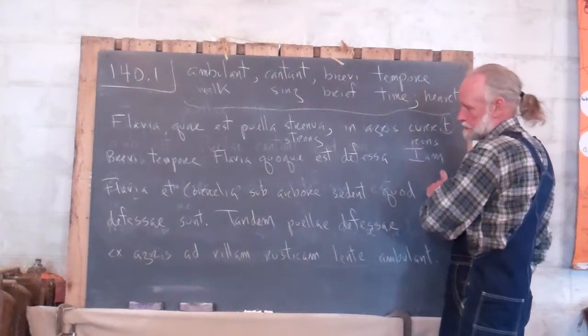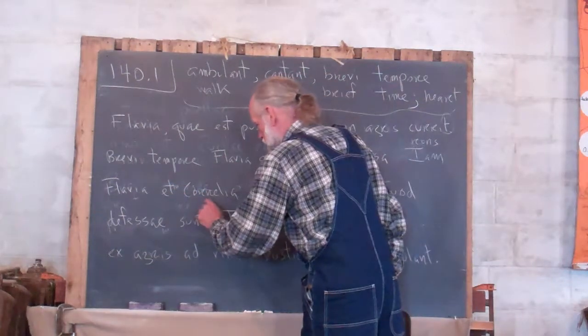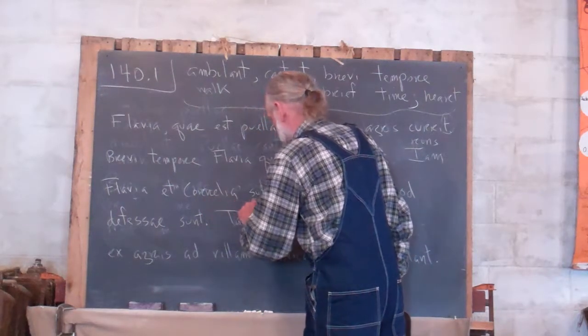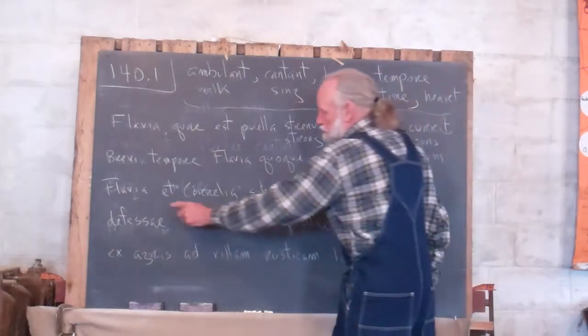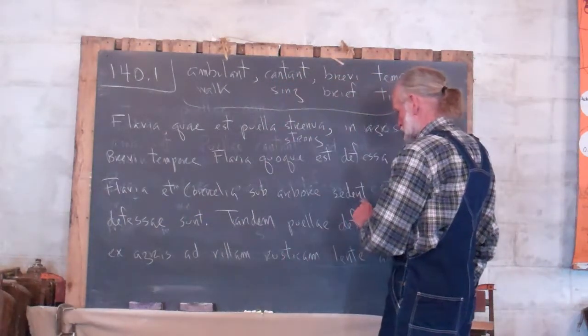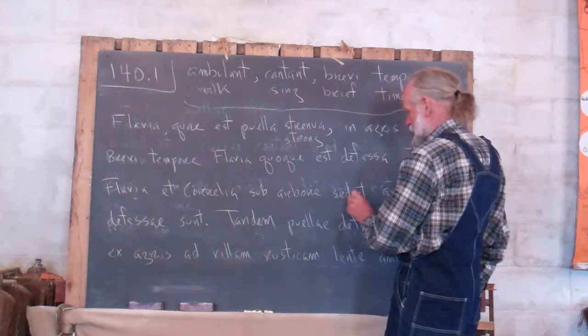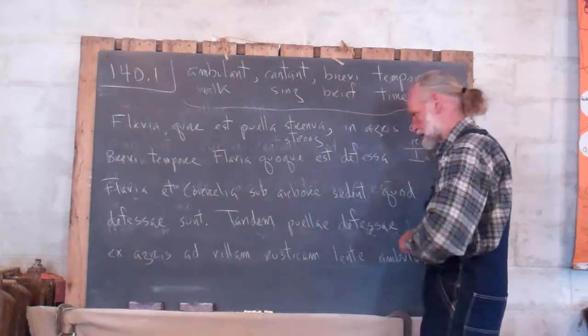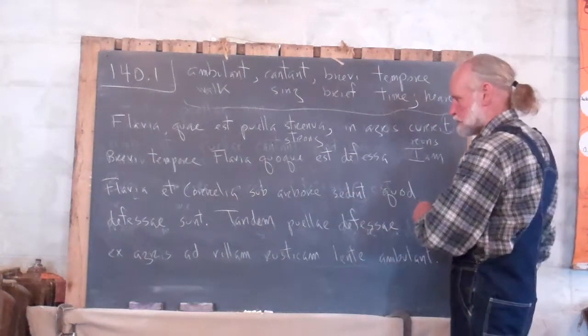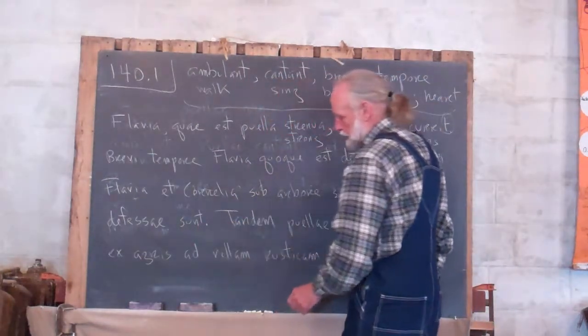Iam, now, Flavia et Cornelia sub arbore sedent. Now, Flavia and Cornelia, they sit. See the NT? They sit under a tree, or under the tree. You have all those words. Quod defesse sunt.